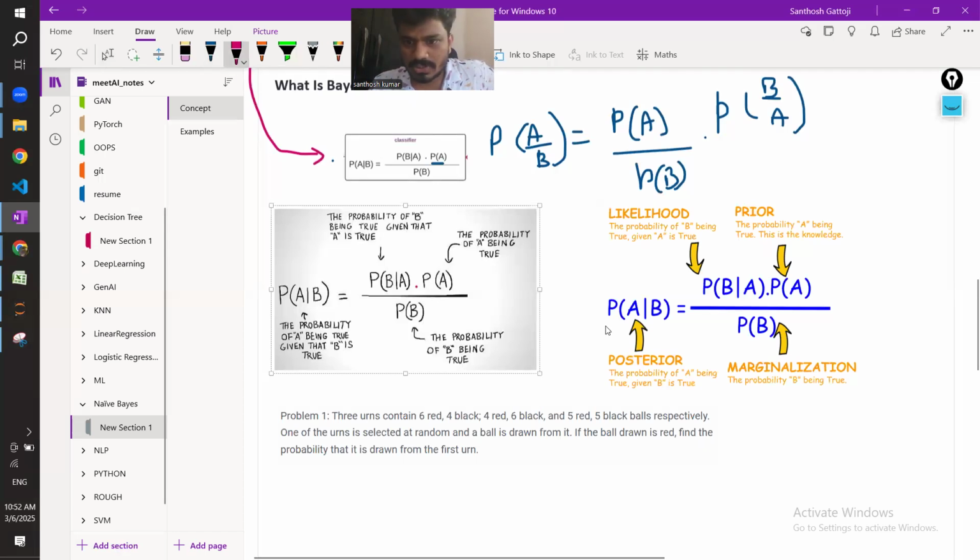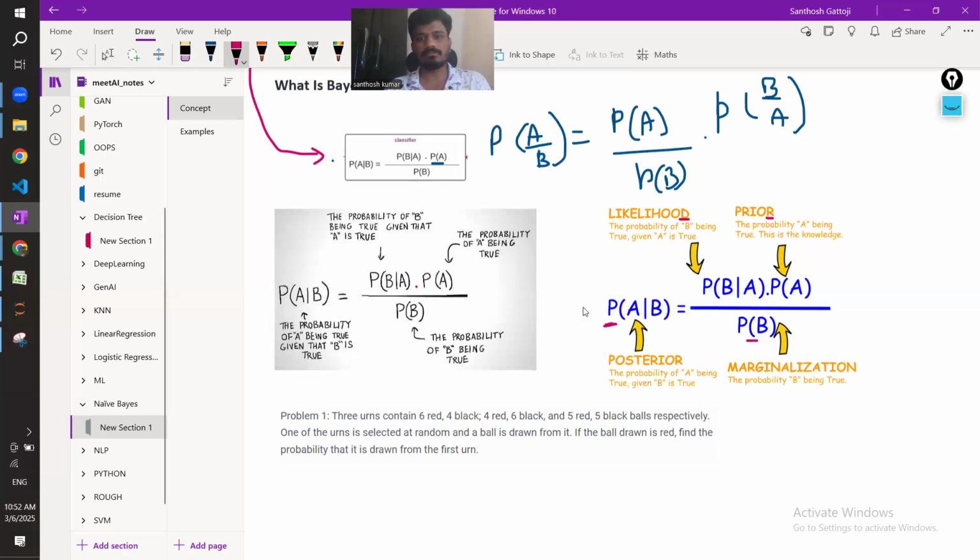This is called posterior probability, this is called likelihood probability, B by A, and P of A is called prior and P of B is called marginalization. Just names. I am also not sure why they call these. It is out of scope, so I don't use these names; I'll say probability of A given B. But in case someone asks you, do you know posterior, likelihood, then you can remember this.